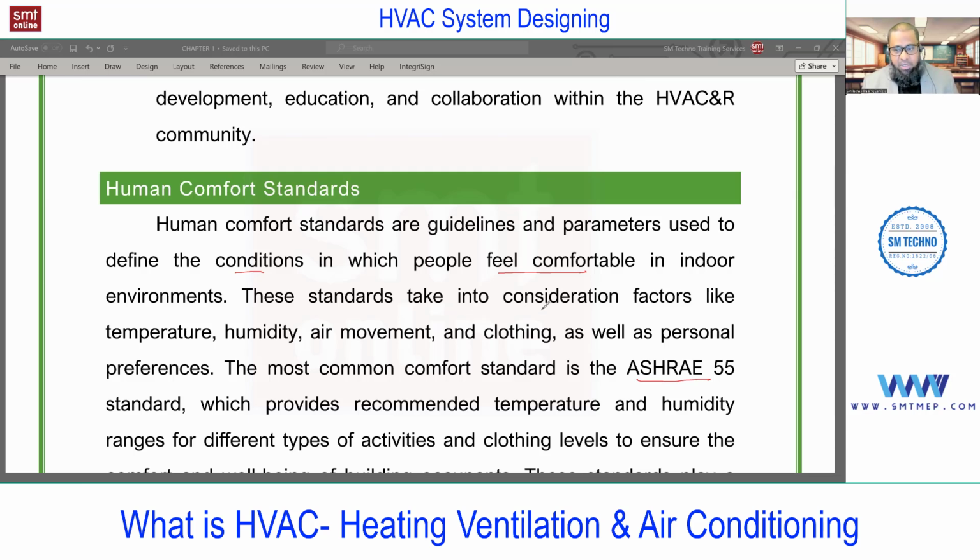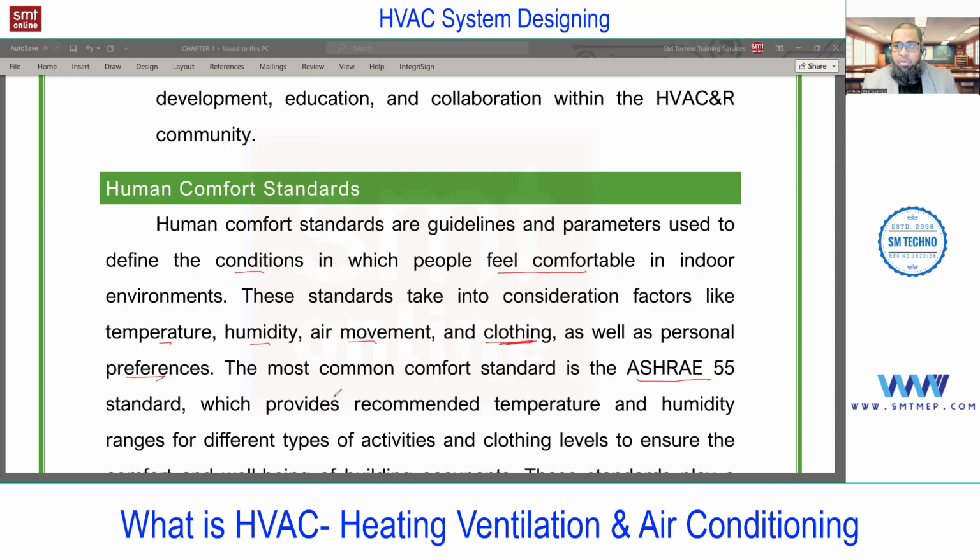These standards take into consideration factors like temperature, as we discussed at the beginning, humidity, air movement, and clothing. Clothing is a new factor, and an important parameter for comfort. Based on the type of clothing, the thermal feeling will change, so the comfort temperature may vary, and you'll find that in the next table, as well as personal preferences.